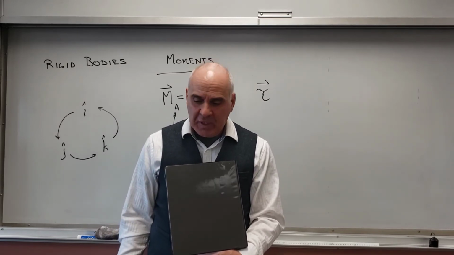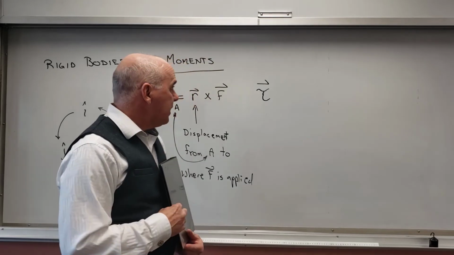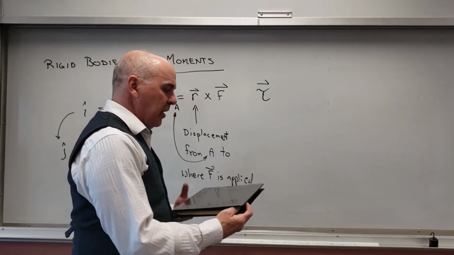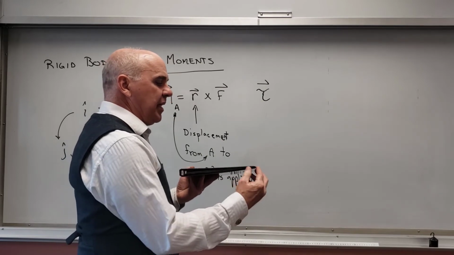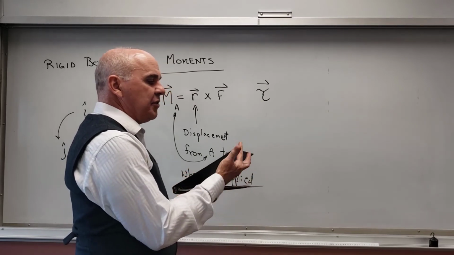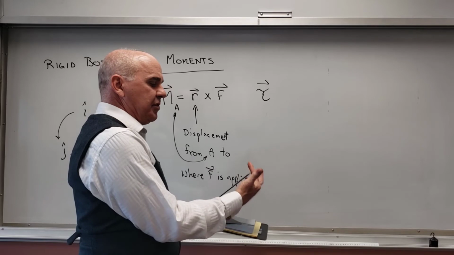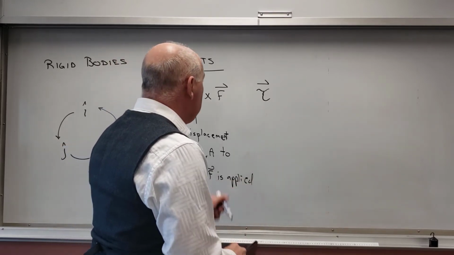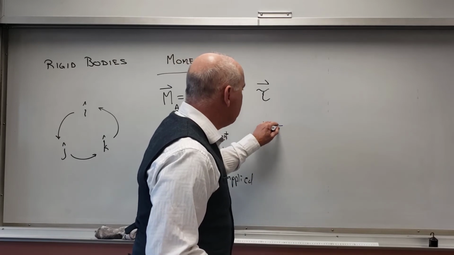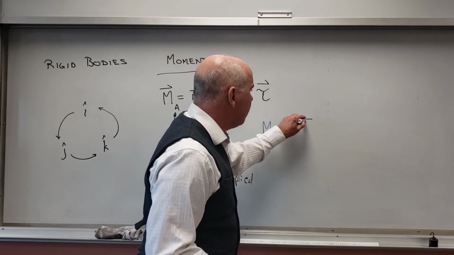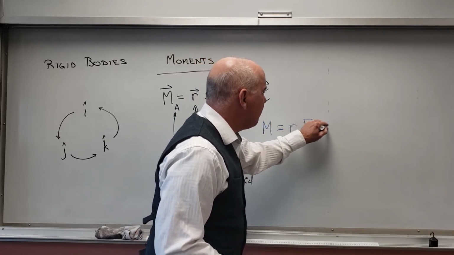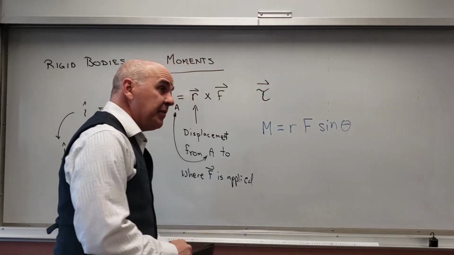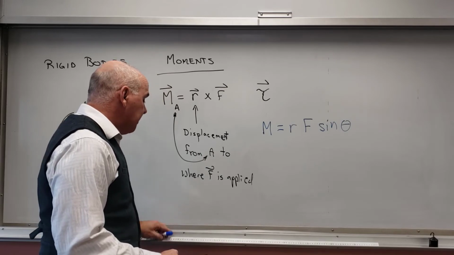The other thing to take a look at is the whole idea of the cross product, and I'm going to hold this binder now like this. The idea is if my force is perpendicular to R, this opens up very nicely. Remember that the magnitude of the moment is equal to the magnitude of R times the magnitude of F times the sine of the angle in between R and F. Well, again, the sine of 90 degrees is 1.